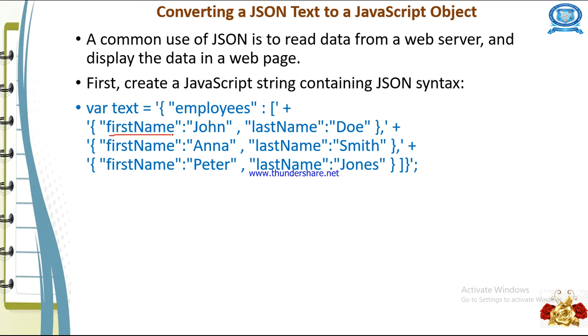The name within brackets, colon. The first name is John and last name is Smith. And first name is Anna, last name is Smith. And first name is Peter, last name is John. It is a person within the brackets. Okay.